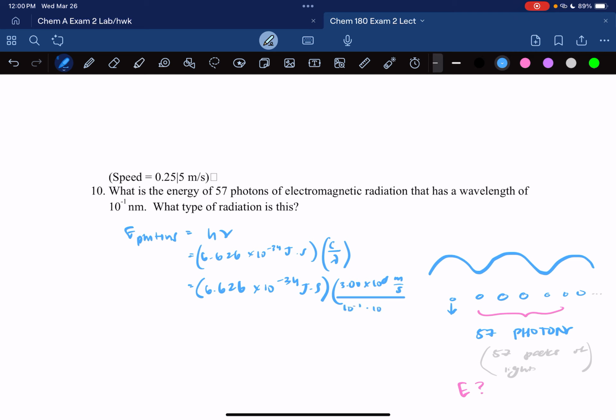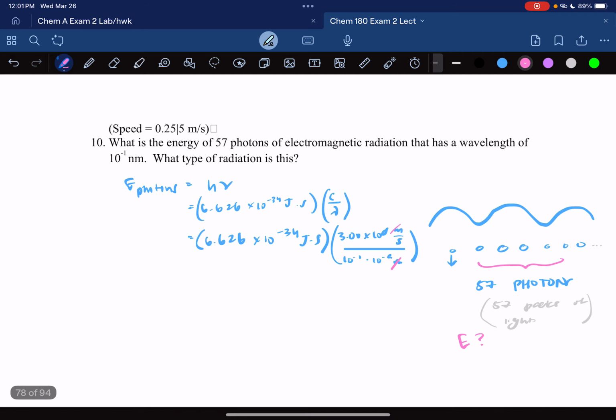I always want you to pay attention to the cancellation of units. If the units don't cancel out, you probably set that wrong. Meters cancel out, and seconds cancel out. I end up with joules, which is the energy unit. Nothing but joules, and that's what I want.